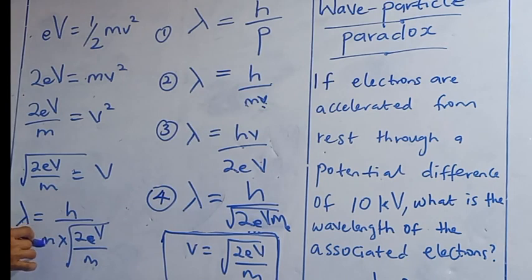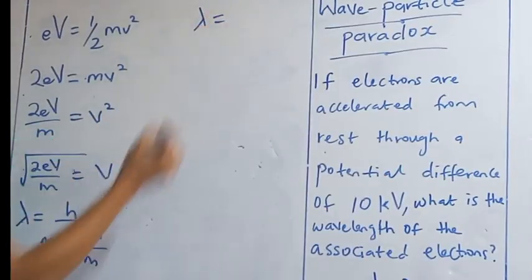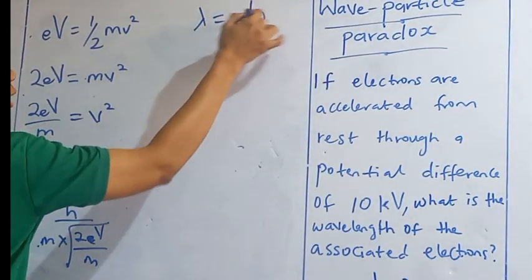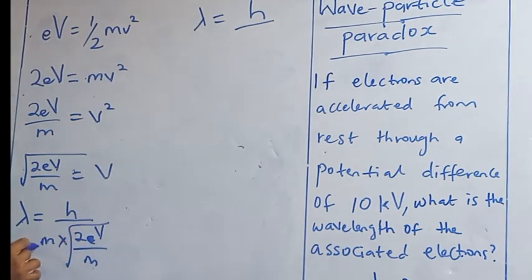And for us to bring in this mass, we can have it that lambda is equal to h over, let's bring in this mass. Once we bring it in, it's going to be like we are squaring it, so that if we take the square root we get back this.